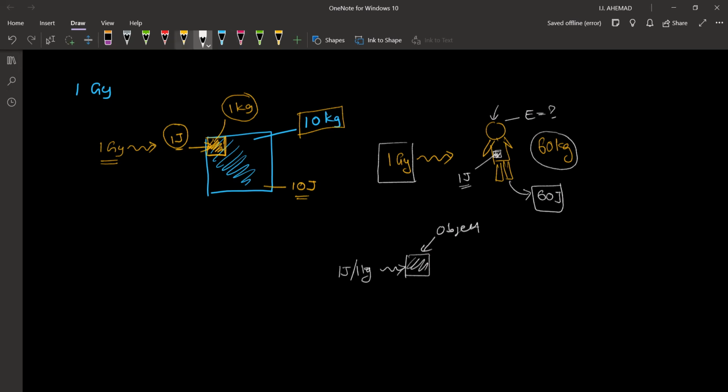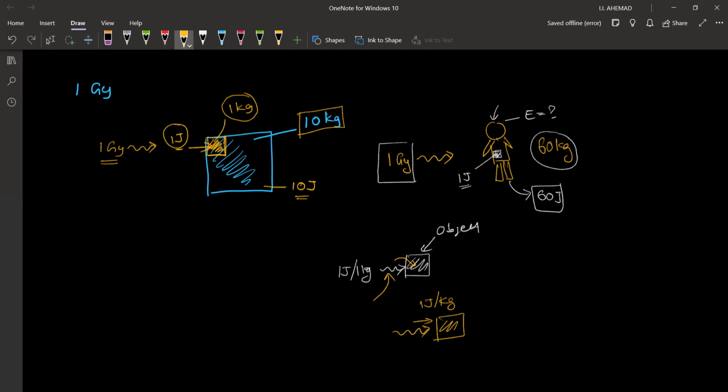From the point of view of the radiation, it has released 1 joule of energy per kilogram.